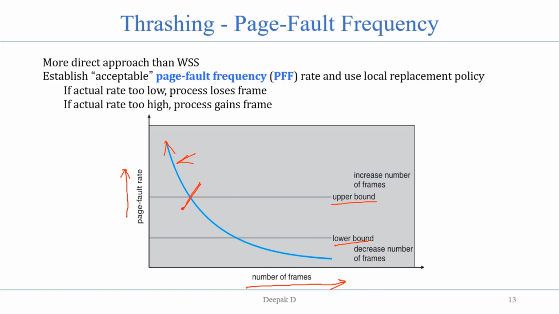Similarly, if the process's page fault rate falls below the lower bound, then we have to decrease the number of frames allotted to this process. So this is a direct measure, and we can control the page fault rate to prevent thrashing. This is with respect to page fault frequency.